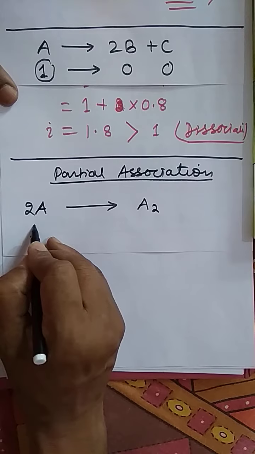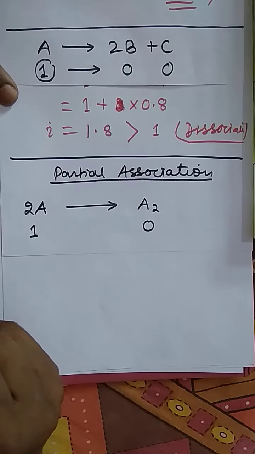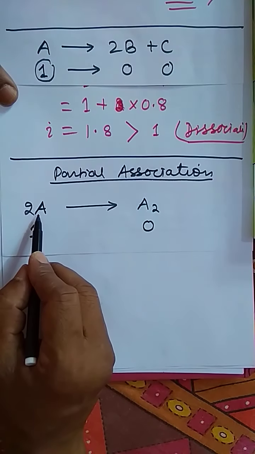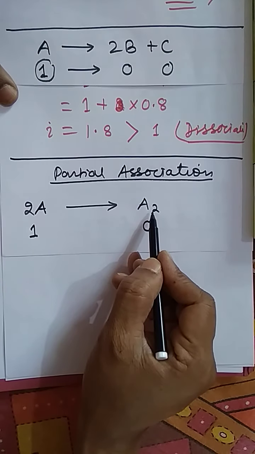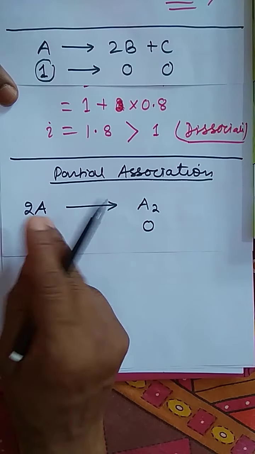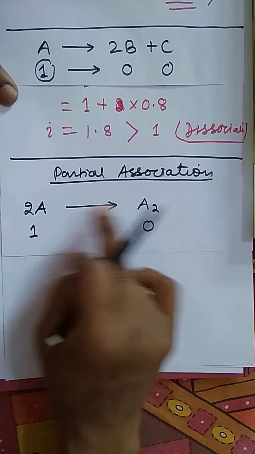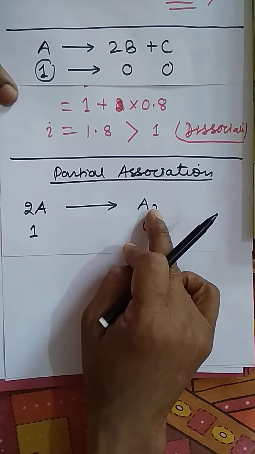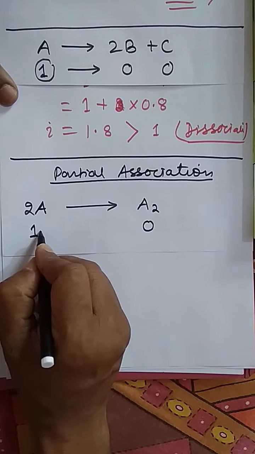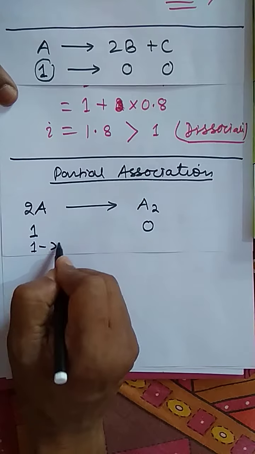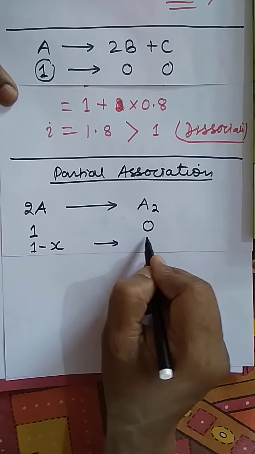Now one molecule is there, then this is 0. Suppose here 2 molecules change into 1 molecule. So 1 molecule changes into half. So if we write here X, then definitely it becomes X by 2.